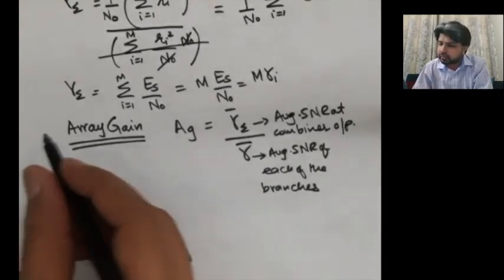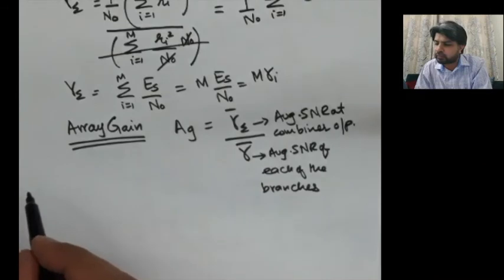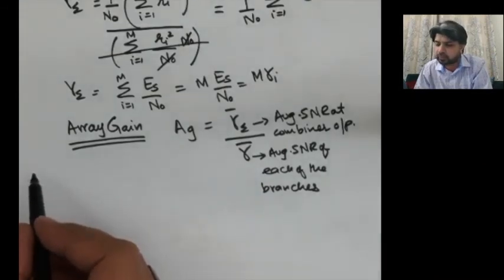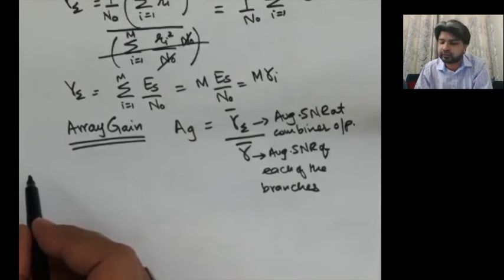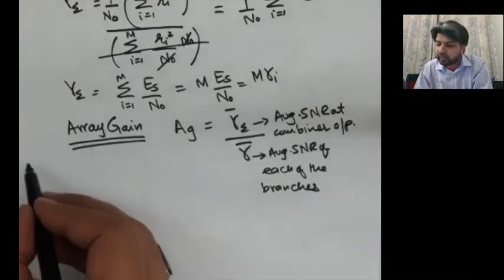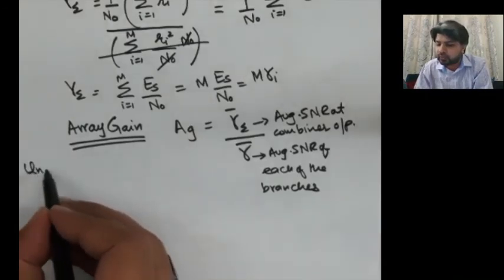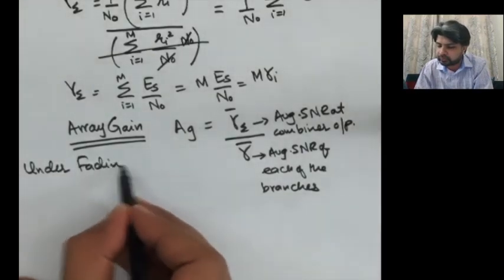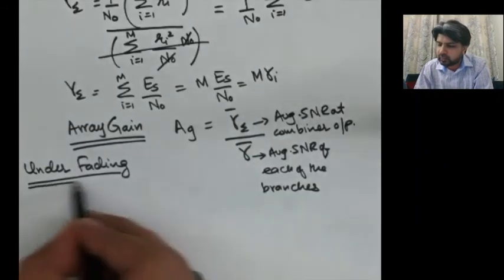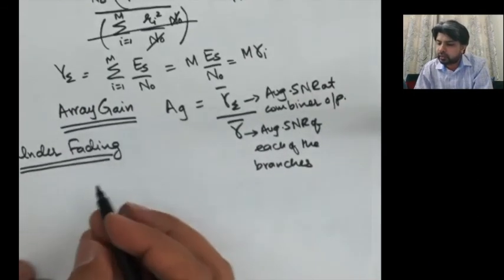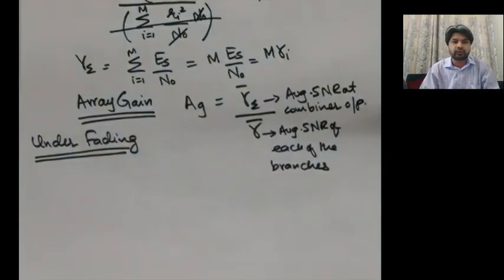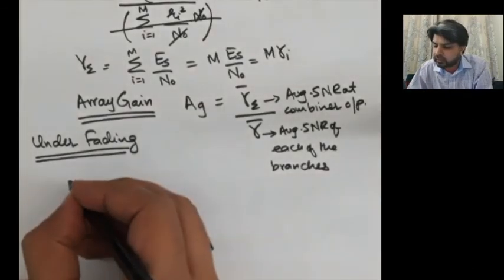So as we said, even in the absence of fading, you get some array gain that is proportional to the number of branches you had in the receiver array. And now, what is the performance metric under fading? That is important. Under fading, the performance metrics that you would have are the same which we talked about in the last chapter.